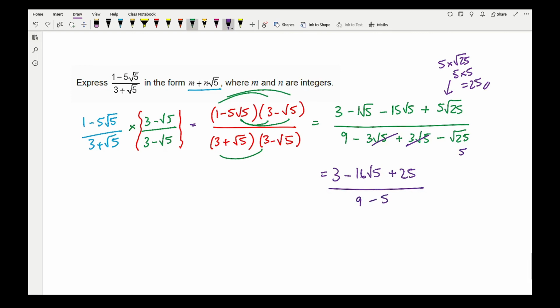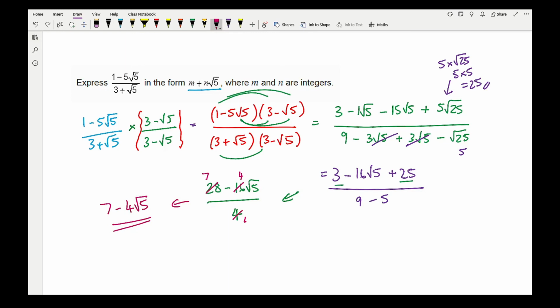And then from this, I've got 3 plus 25, which is 28, minus 16 root 5, and that's all being divided by 4. Now from this, I can divide everything by 4. So that becomes a 1, that becomes a 4, and that becomes a 7, leaving me with my final answer of 7 minus 4 root 5.